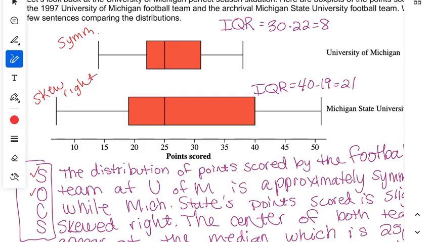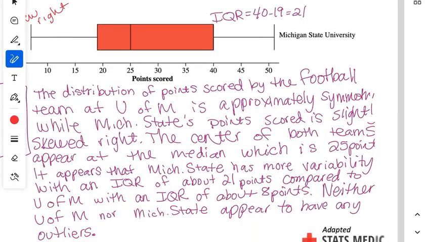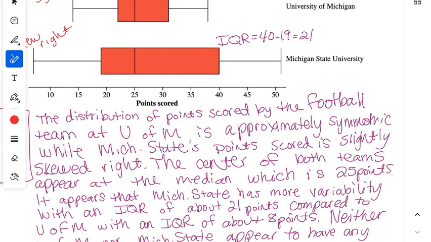So outliers, were there any outliers? No, because we found IQR, you could do times 1.5 and go above and below. Center was our median, which was at about 25. Okay, spread was IQR.